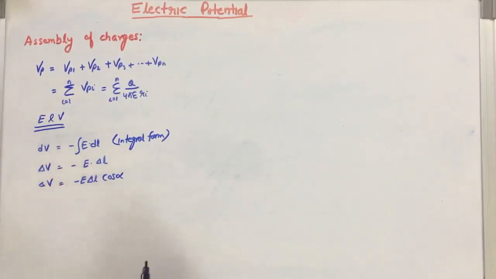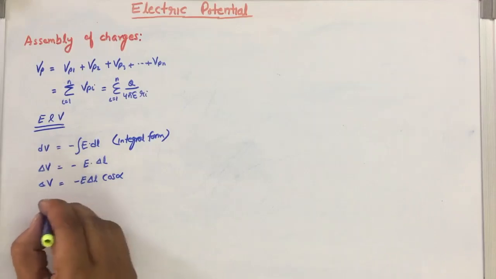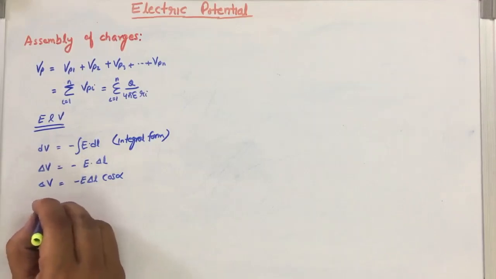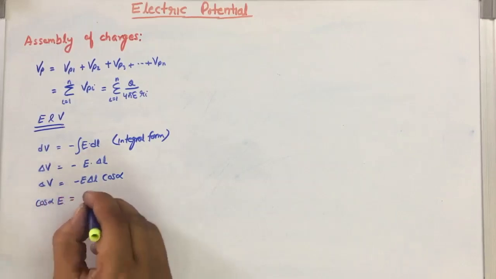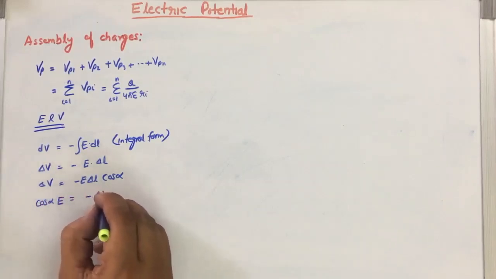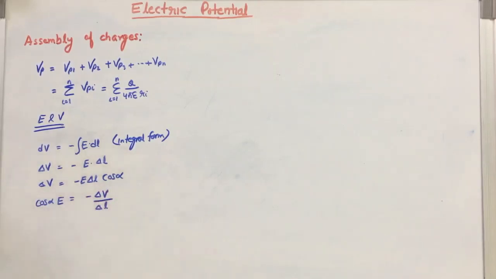From here we can write E cos alpha will be equal to minus change in potential with respect to change in length.